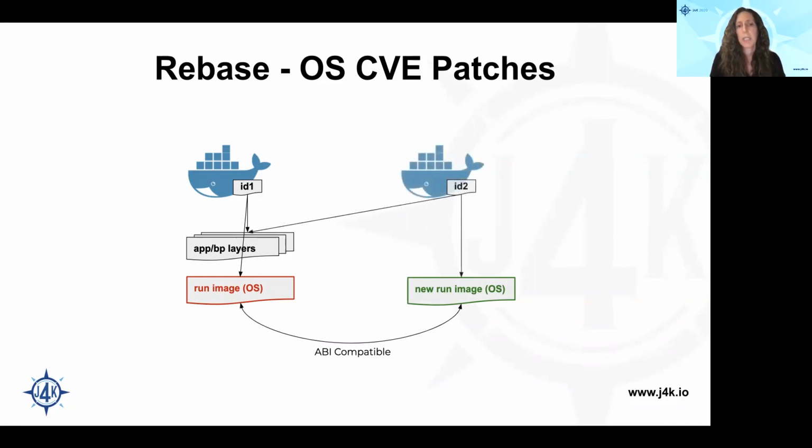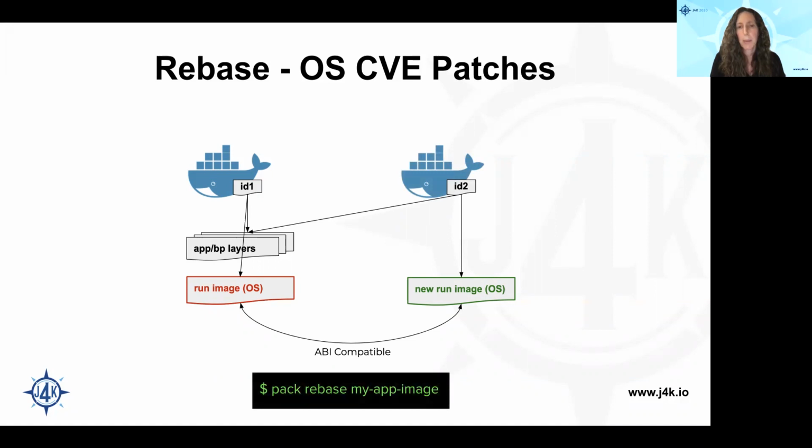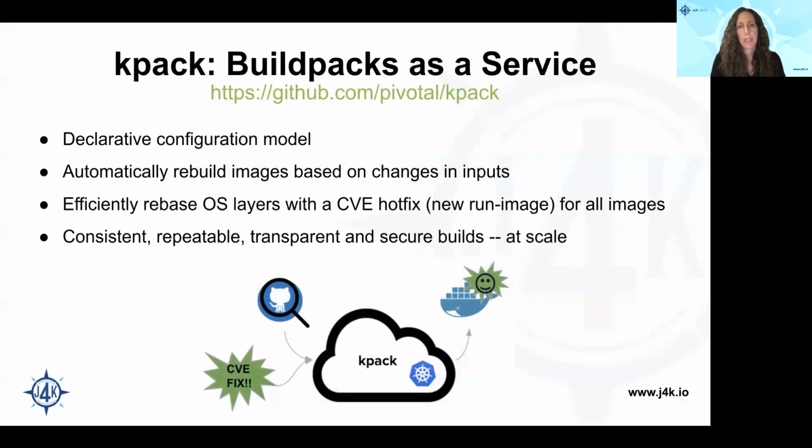And once that new image is available, you can call this pack rebase operation. And really it's just taking the manifest file that represents the image and pointing some of the layers to the new run image, but the old pointers stay the same. So it's really quick and very simple.